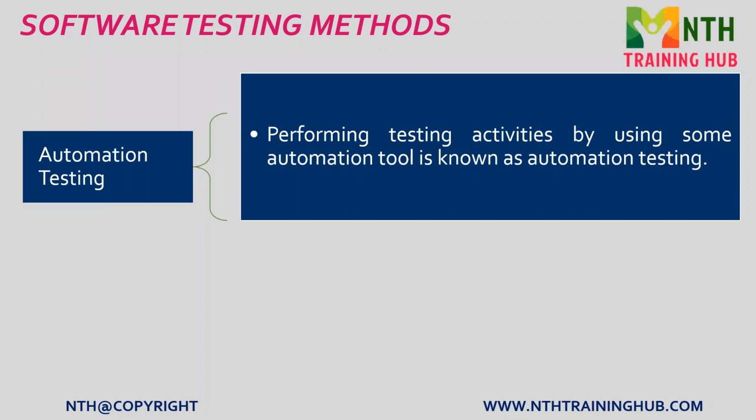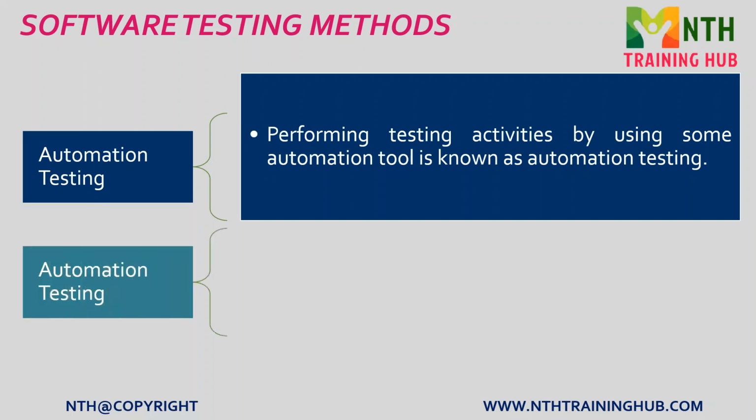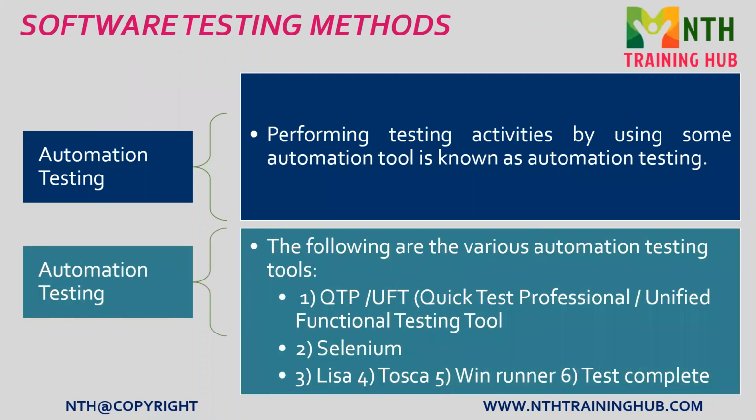But if you write a program using a script, we can execute millions per minute. Yes or no? So performing the test activities completely by a third-party tool is called automation testing using programming.